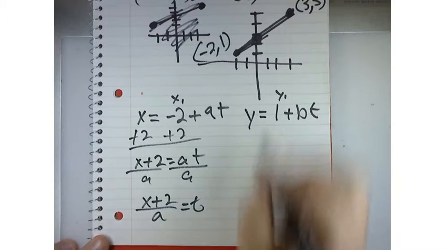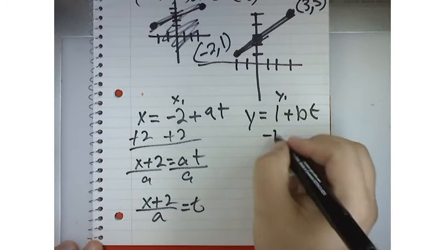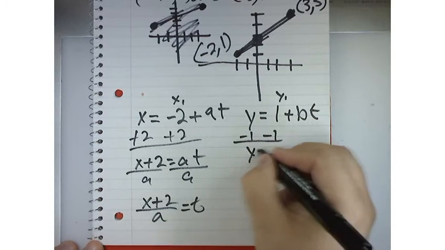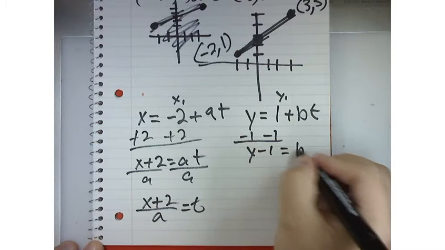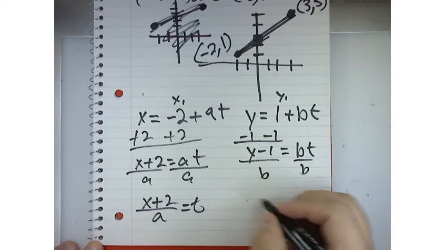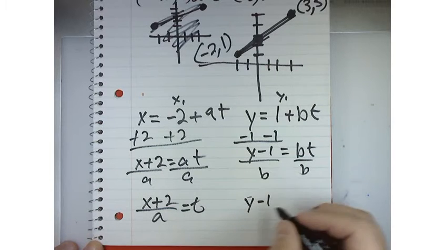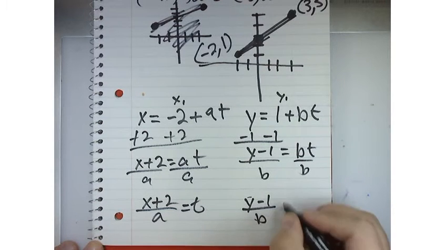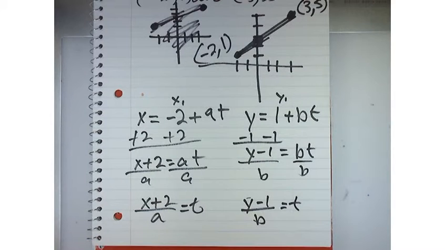And then if I do the same thing over here, I'm going to subtract 1 from both sides. I get y minus 1 equals b times t, divide everything by b, and then I get y minus 1 over b equals t.